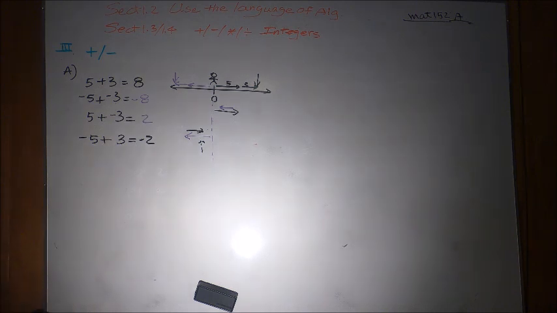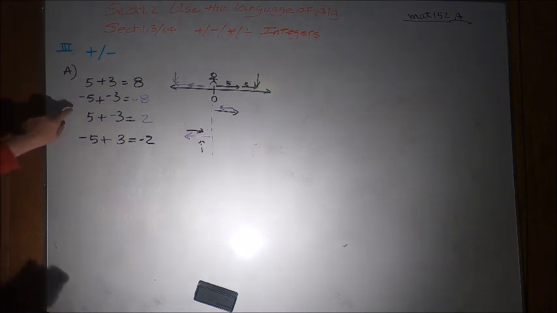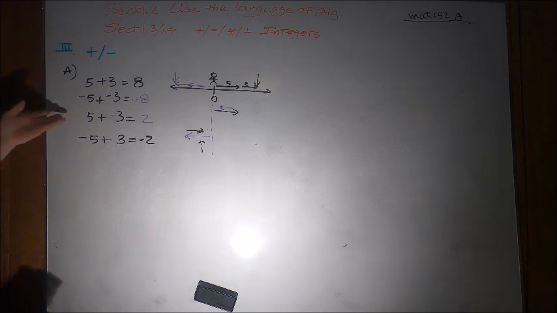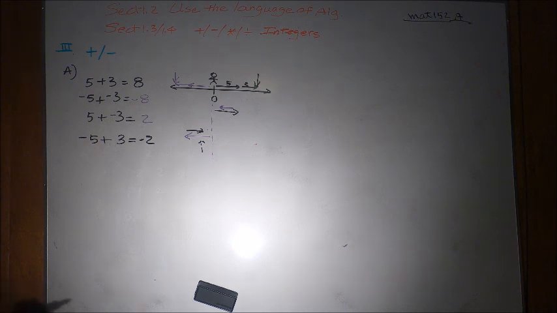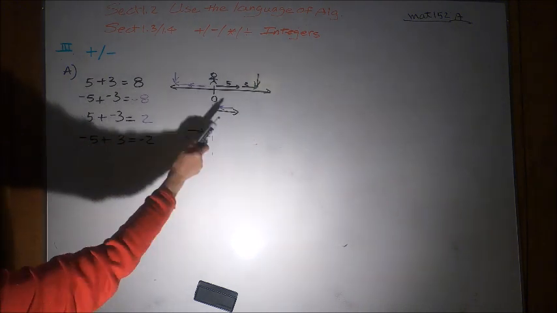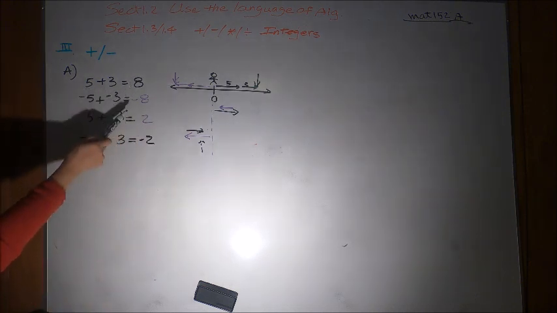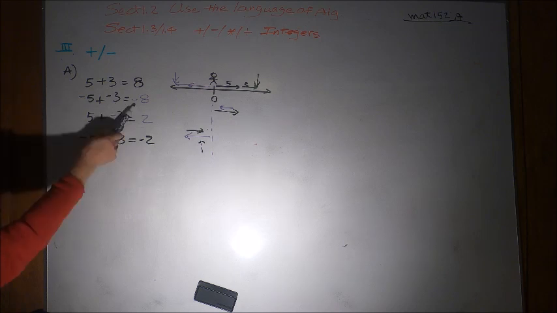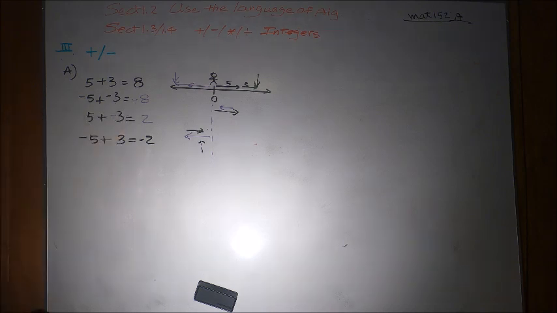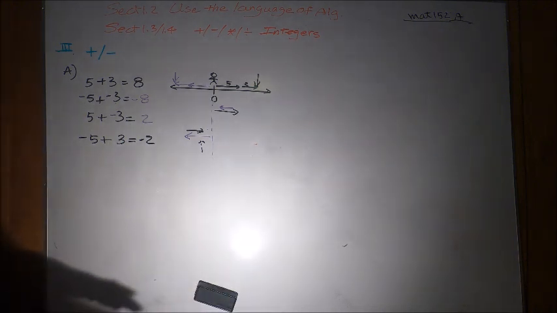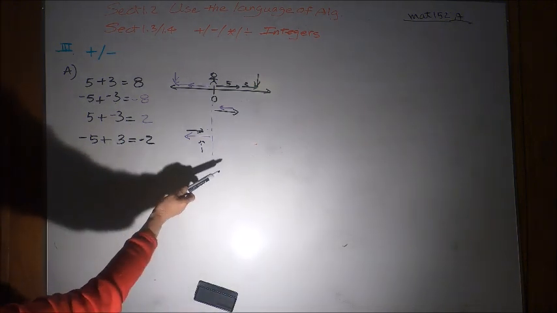Right? So each number has a sign to go with it. Only the first number, if it's positive, we don't write a sign there. So if you always go to the right, you end up on the right, positive. If you always go to the left, you end up on the left, negative. If you go right and left, if you go right more, you end up on the right hand side.